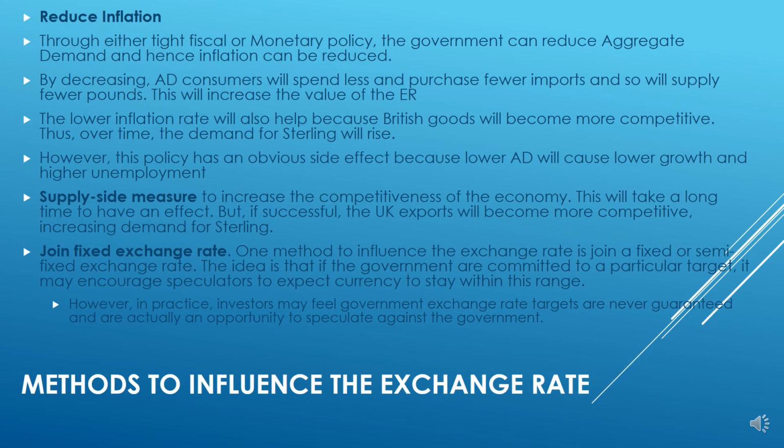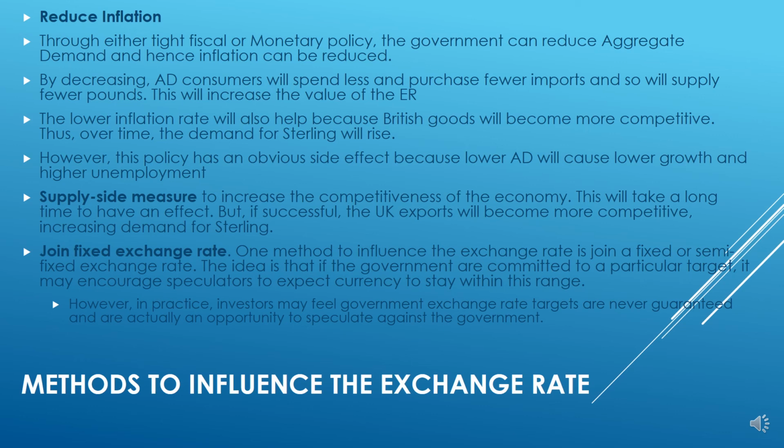Then another way is to reduce inflation. Through either tight fiscal or monetary policy, the government can reduce aggregate demand and hence inflation can be reduced. By decreasing aggregate demand, consumers will spend less and purchase fewer imports, and so will supply fewer pounds.